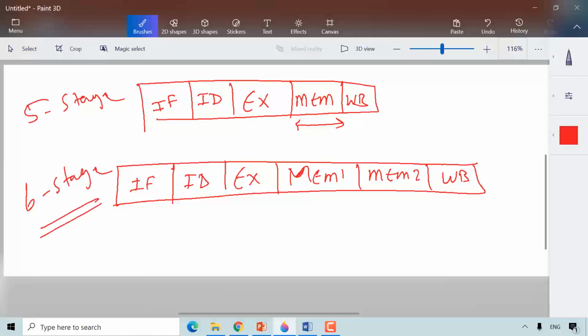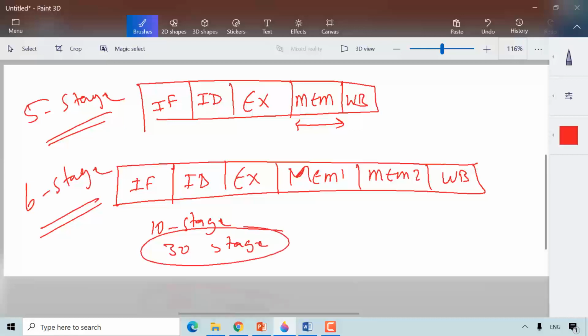All are valid. The number of stages that you partition your processor into is based on the circumstances, the parameters, and the specification of the environment and the design that you are carrying out. Sometimes some processors go into 10 stages. Some are deep pipelines; they take 30 stages, although recent processors try to avoid such deep pipelines.